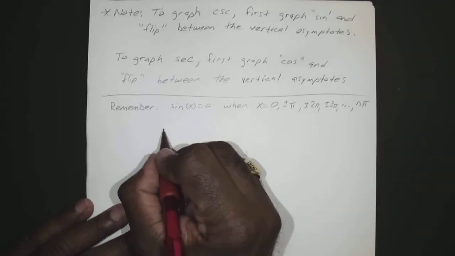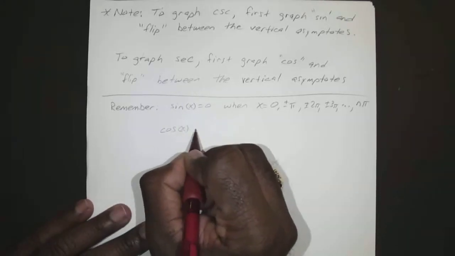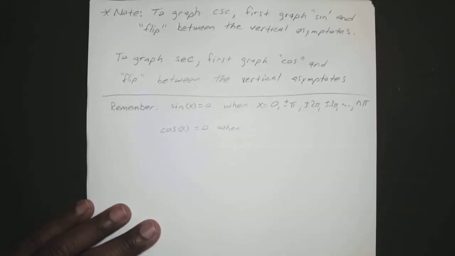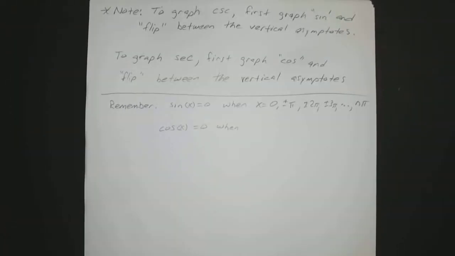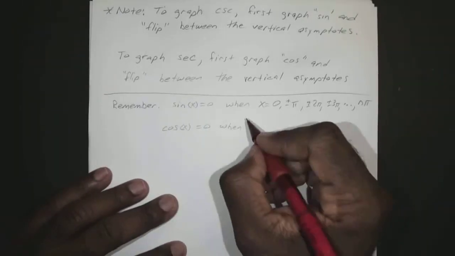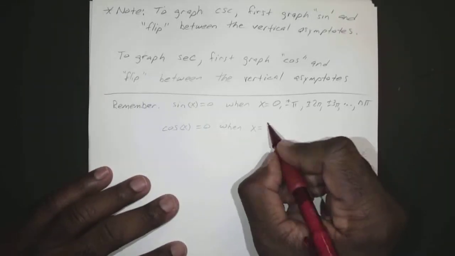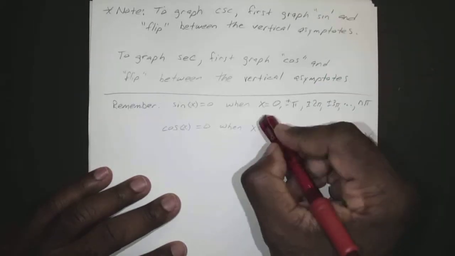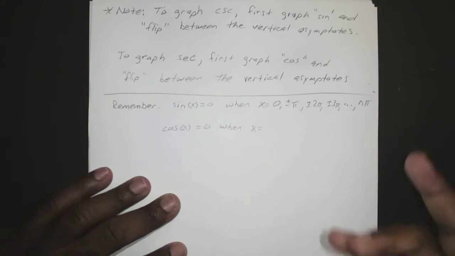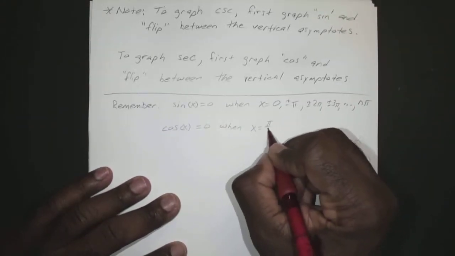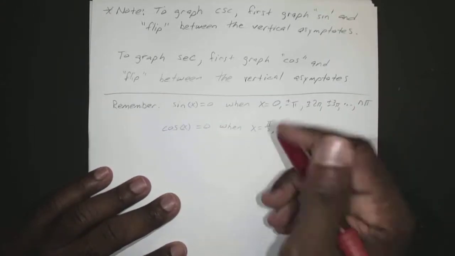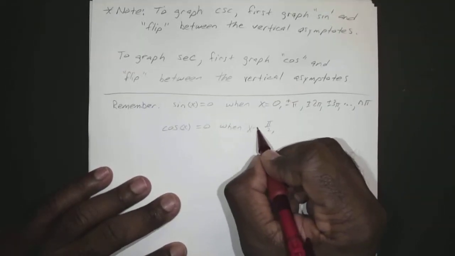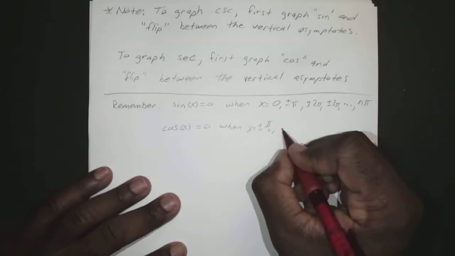Now cosine of x will equal 0 when you have any odd number times pi divided by 2. Let's say when x is equal to pi over 2, positive or negative, even though we're mostly only going to use the positives, just to be thorough.